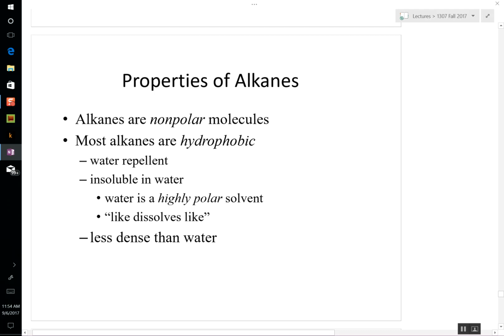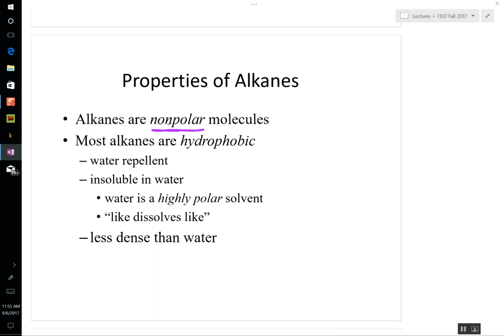Properties. All right, we're going to be using these words, polar and nonpolar, a lot in this course. So get familiar with this. Alkanes, chapter 10 and chapter 11, hydrocarbons are nonpolar. You're going to see they're nonpolar. Hydrophobic. Why? Because water is polar.